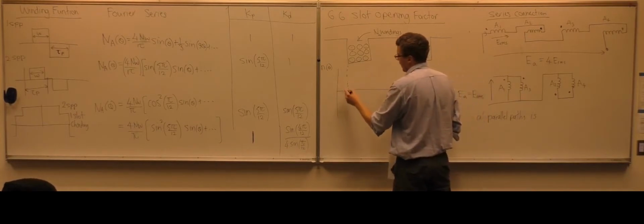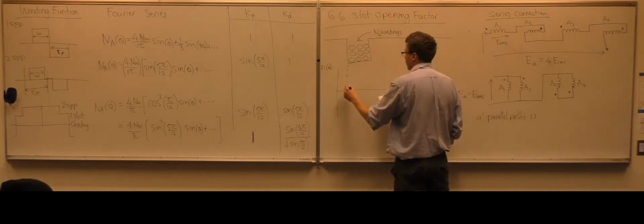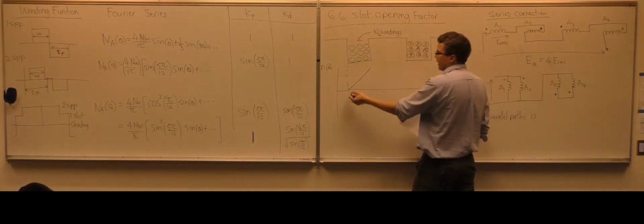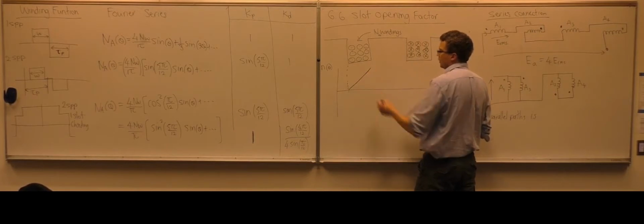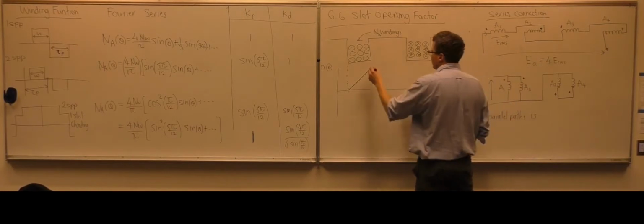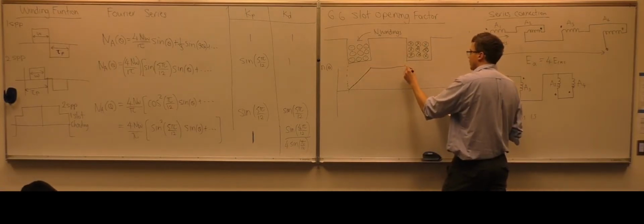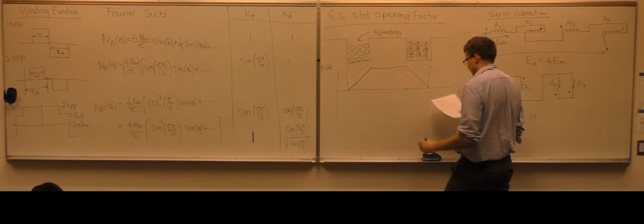But we can make a better approximation of what's going on by assuming that the turns function doesn't go straight up, but goes on a continuous, linearly increasing rise, and then when we move across here, it linearly decreases, like that.